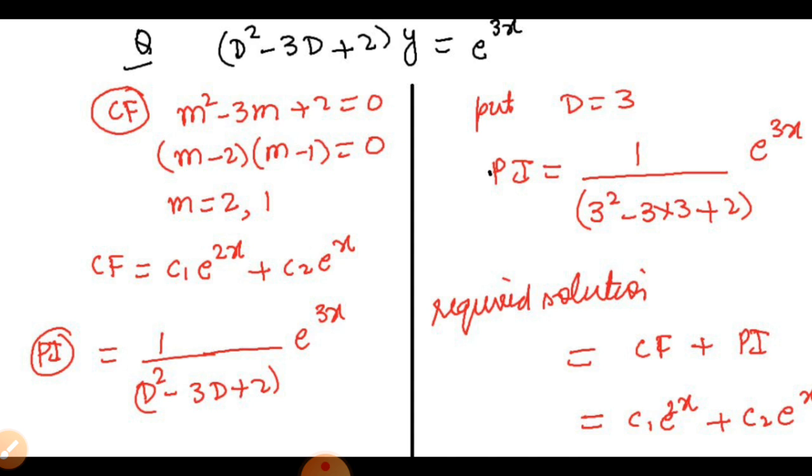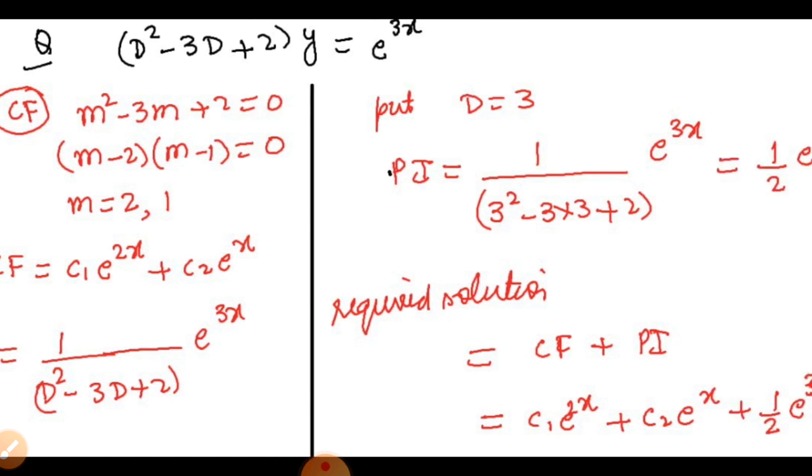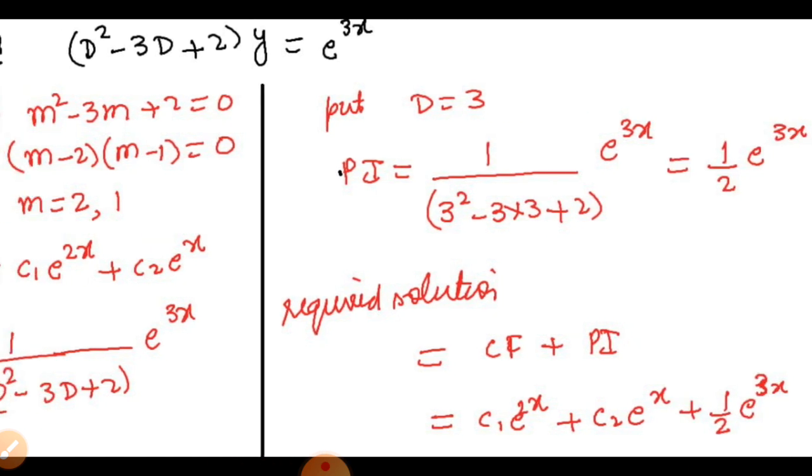So we have 1 upon (3 squared minus 3 into 3 plus 2) into e to the power 3x. The particular solution will be obtained as half e to the power 3x, and the required solution will be the summation of the complementary function and the particular integral. So we can write the solution as c1 e to the power 2x plus c2 e to the power x plus half e to the power 3x.